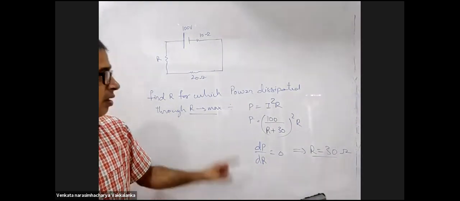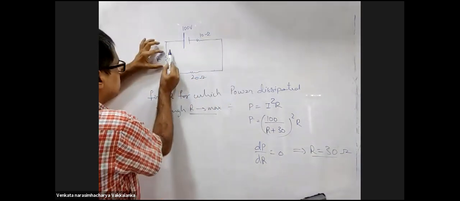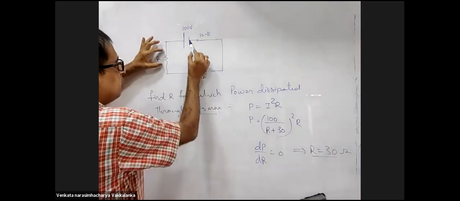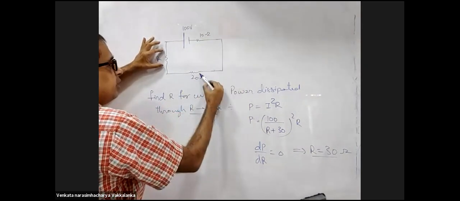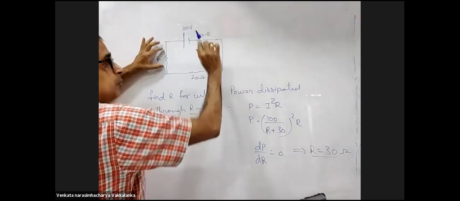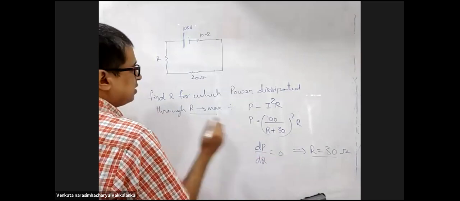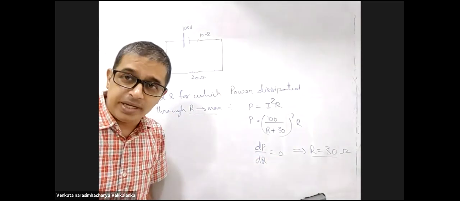And why am I getting 30? Remember the maximum power transfer theorem: this resistance should be equal to the total internal resistance of the circuit. 20 and 10 are considered the internal resistance, put together. So you will get the answer as 30. You can simplify and see, no big deal.